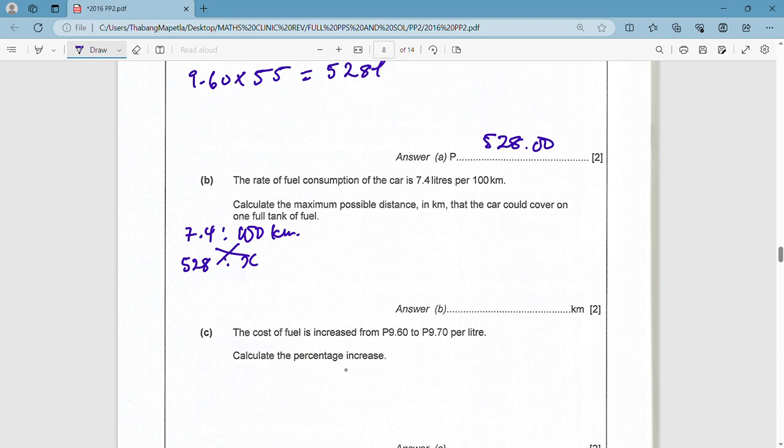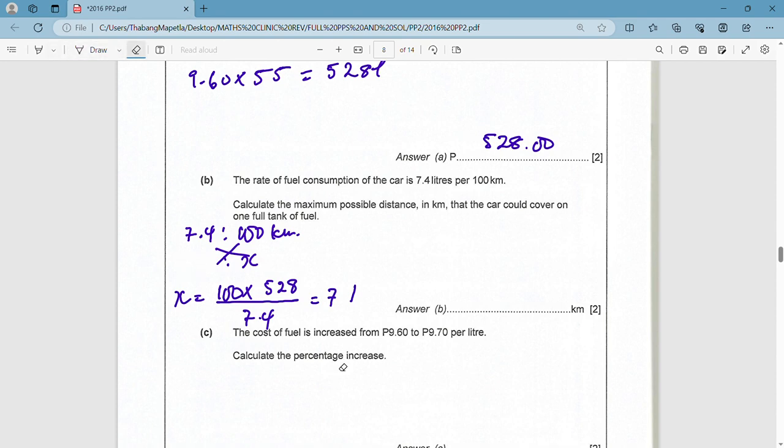So from here x is equal to 100 times 528 divided by 7.4. I am repeating the same mistake. I am sorry about that. How much fuel do I have? I have 55 liters.